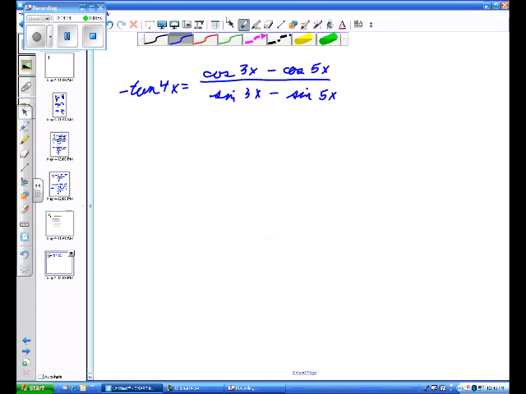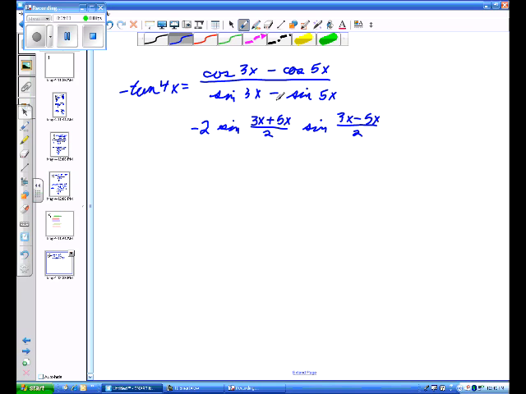So if we plug that back in, then what we have in the numerator is -2 times the sine of the sum of the angles, so 3x plus 5x over 2, times the sine of the difference of the angles, 3x minus 5x over 2.